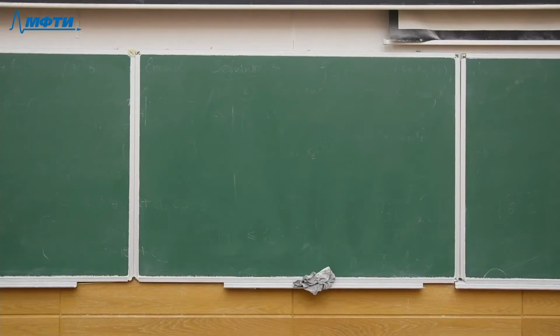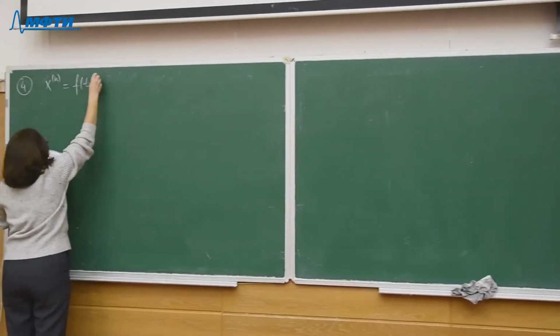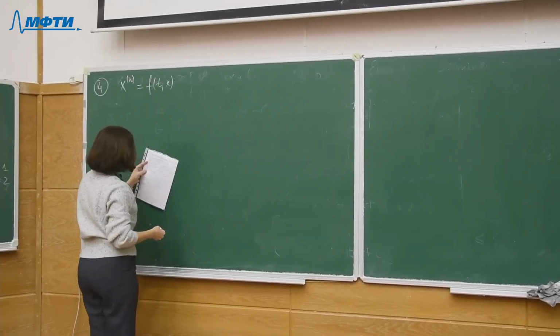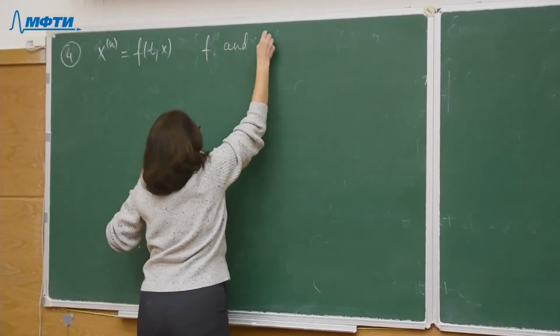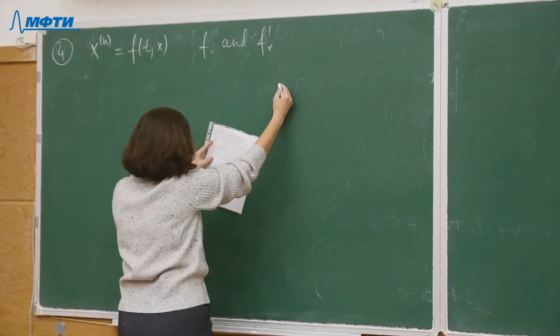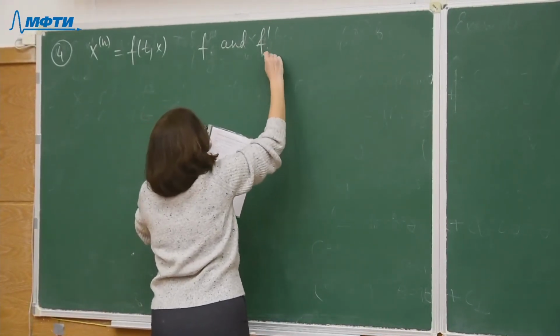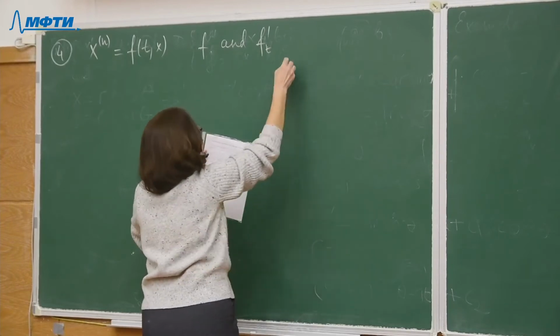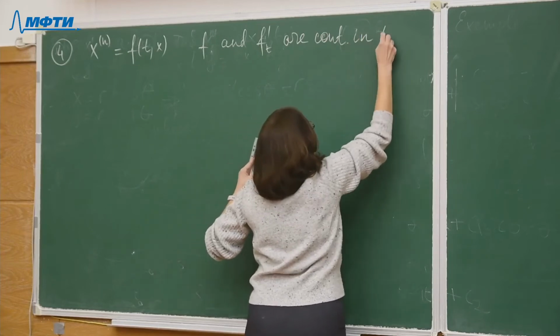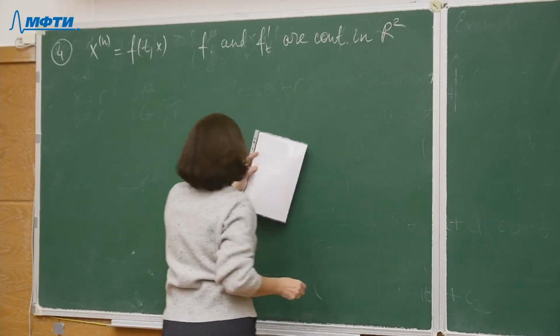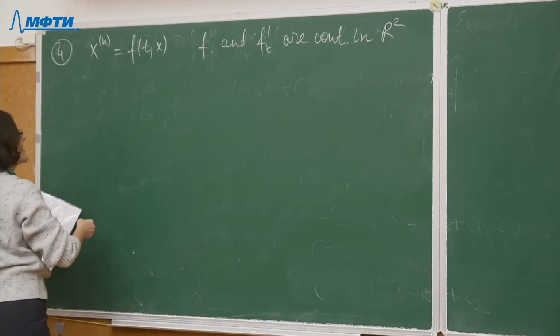For which values of n can the equation, the nth derivative of x equals f of t, x, where f and f prime with respect to x are continuous in R2, have the following two functions as solutions?